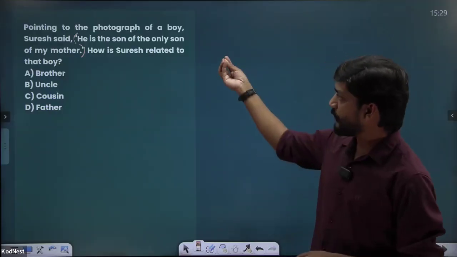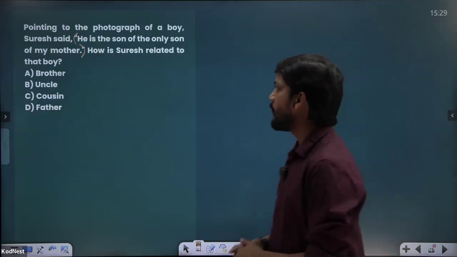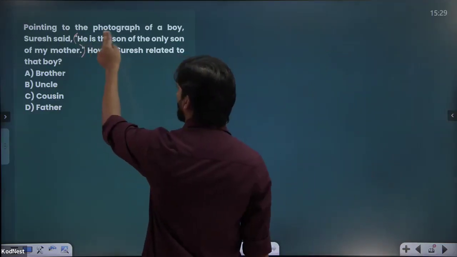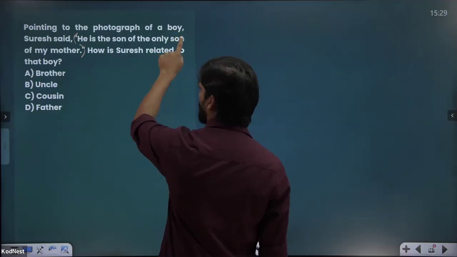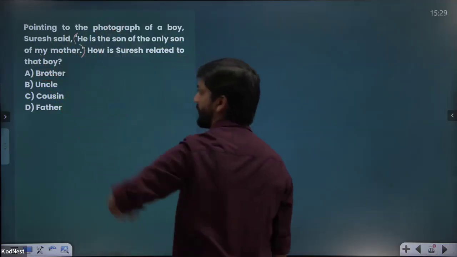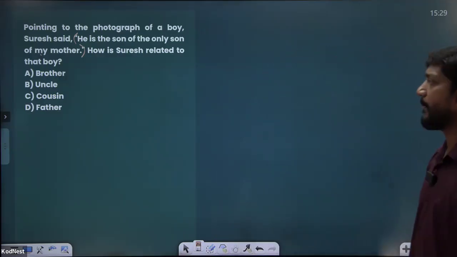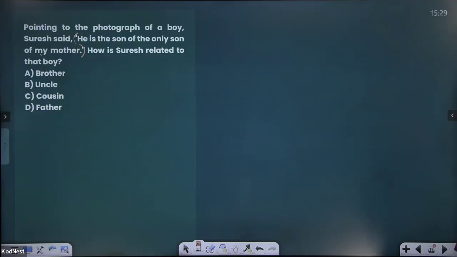Let's see how many of you are able to draw the diagram. Please read the statement, understand what is he, how you will draw the son, how you will draw the only son, how you will draw my, and how you will draw my mother. Okay, just try it once. All of the relations you have known how to represent. Just try to represent all of the relations mentioned in the diagram.